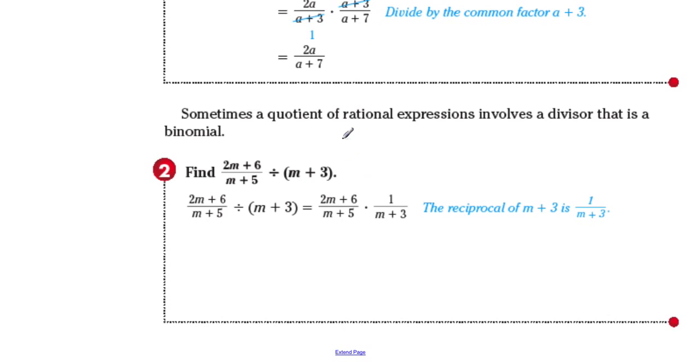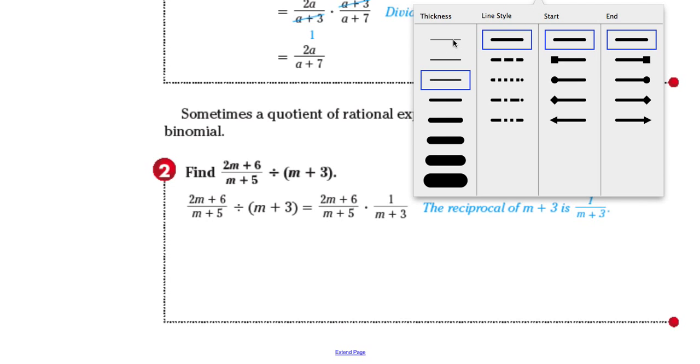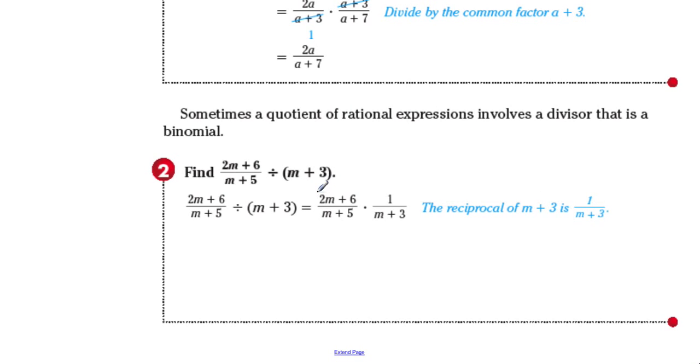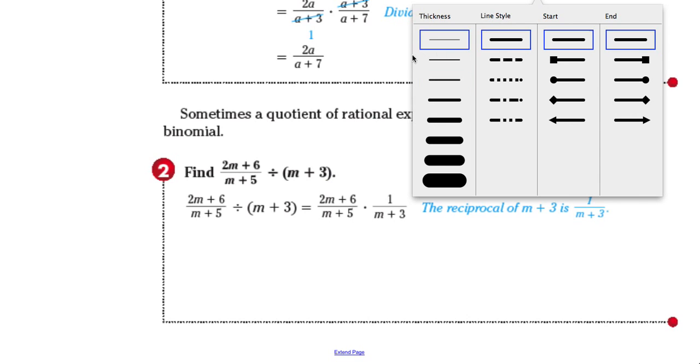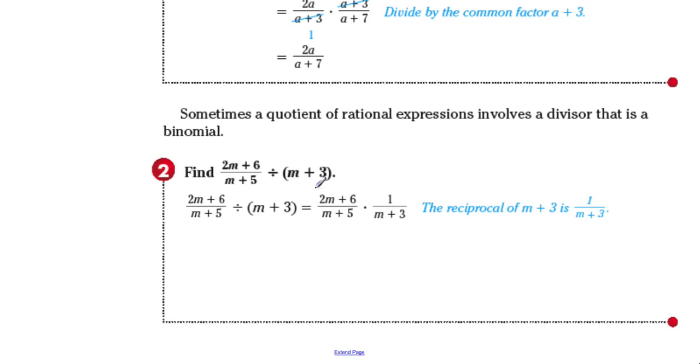If you notice, 2m plus 6 can be factored. 2m plus 6 is 2 times the quantity m plus 3. I factored out 2.